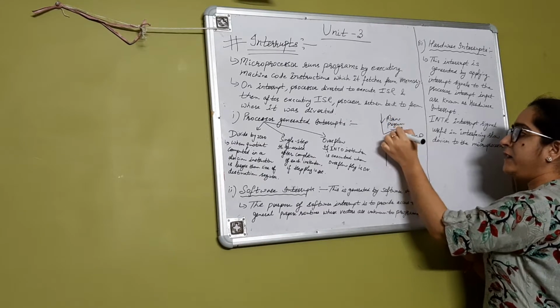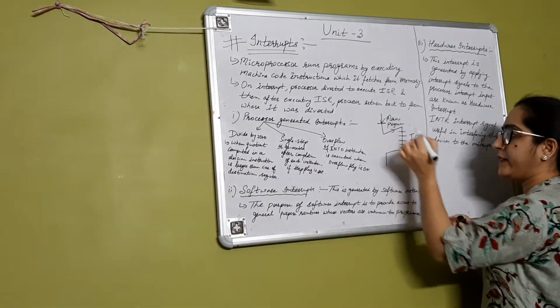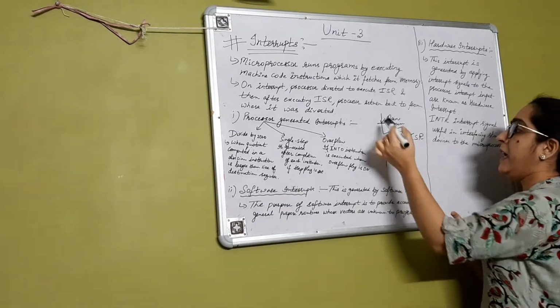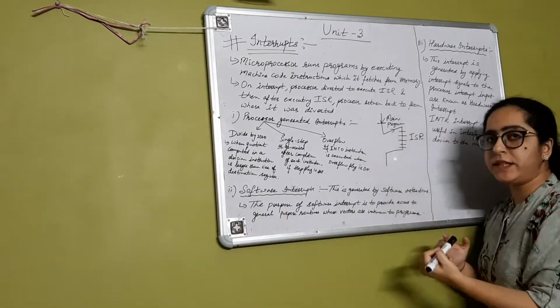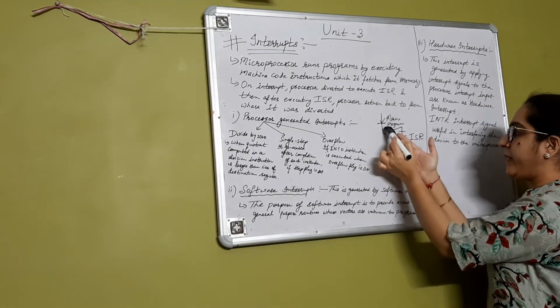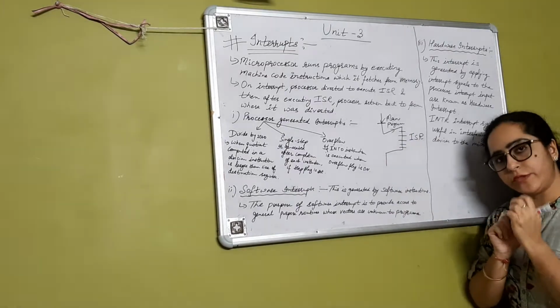When it gets diverted on interrupt, it leaves the main program here itself, after completion of one instruction cycle, before fetching another instruction.